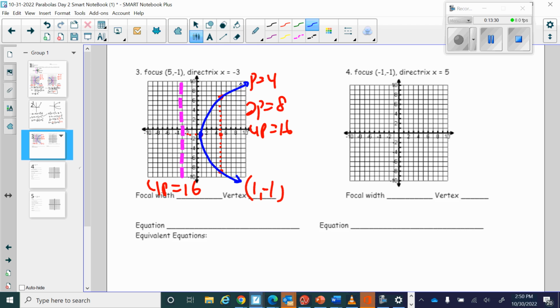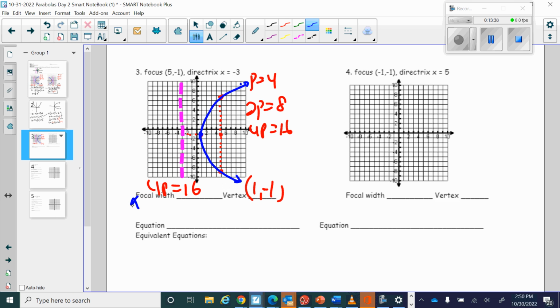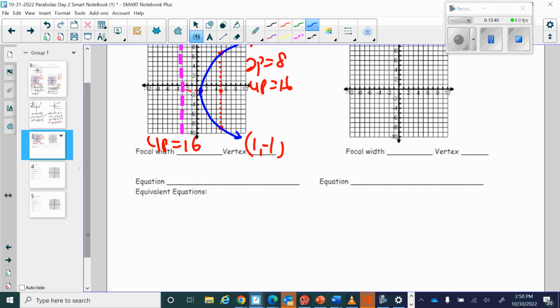All right, so the equation now is going to be, so remember the equation format is x is equal to 1 over 4p, parentheses, y minus k squared plus h.